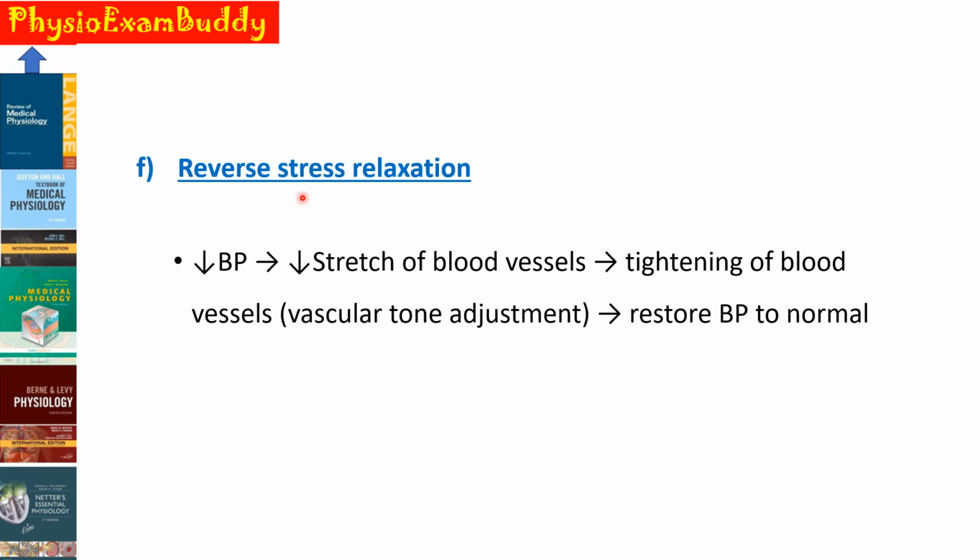Another compensatory mechanism is the reverse stress relaxation of the circulatory system, which causes the blood vessels to contract around the diminished blood volume so that the available blood volume more adequately fills the circulation.